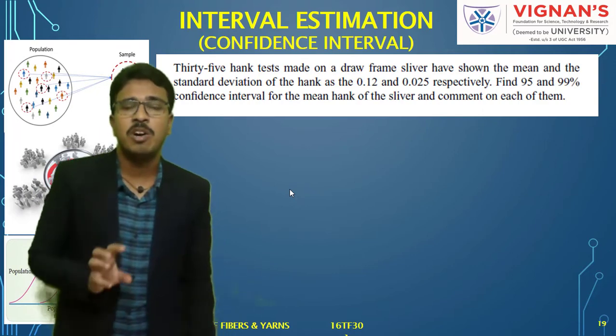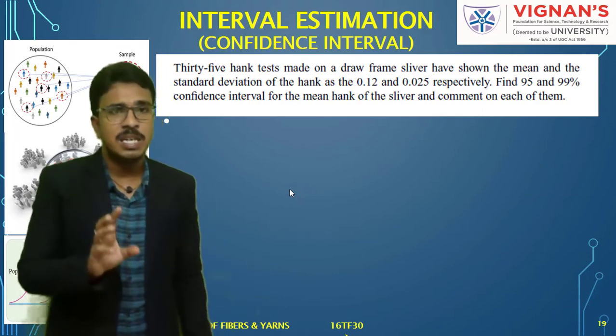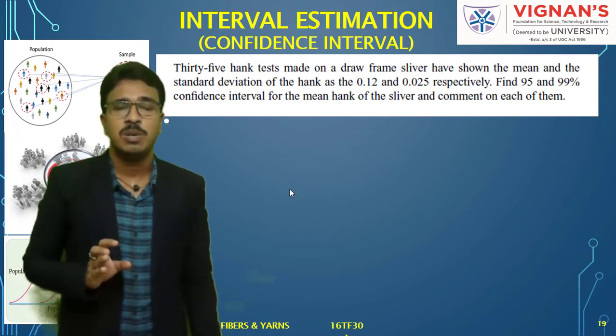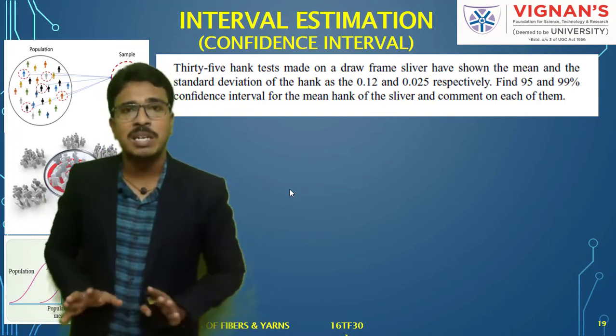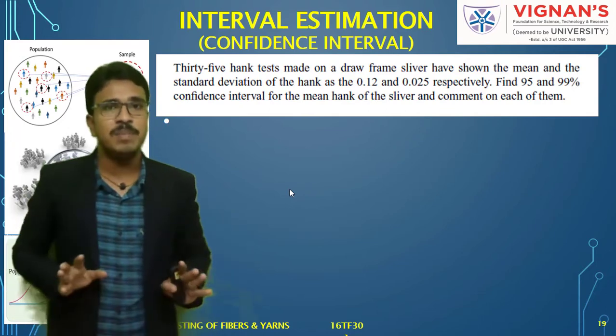So total how many tests were made? 35 hank tests made. So the sample size is more than 30, so we can confirm that it is a large sample.